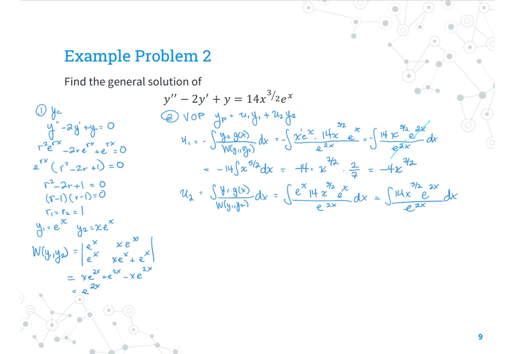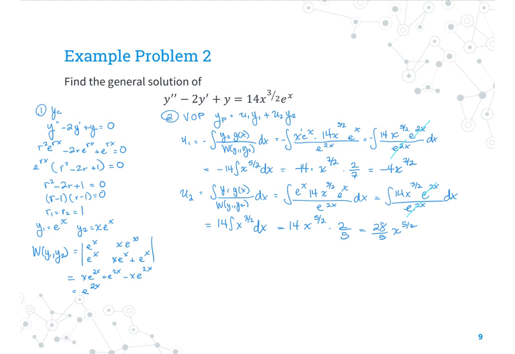So once again, our e to the 2x's cancel out. And we're left with 14 times the integral of x to the 3 halves dx. And again, we know that's going to be 14 times x to the 5 halves, times the reciprocal, which is 2/5. So we get 28/5 x to the 5 halves.